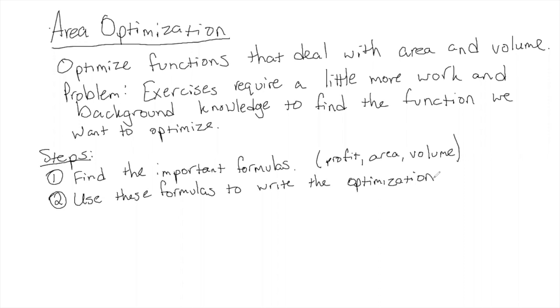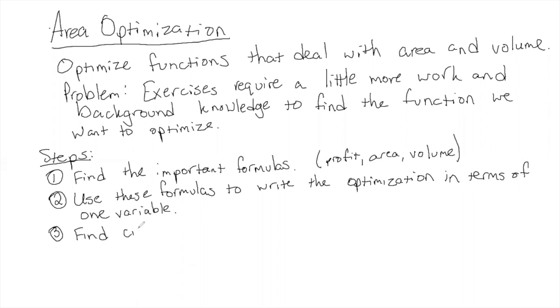This means like if we're trying to optimize cost, for example, we want to write cost in terms of one variable. And this is similar to what we did last time, right? We wanted to write everything in terms of Q, in terms of quantity. Okay?